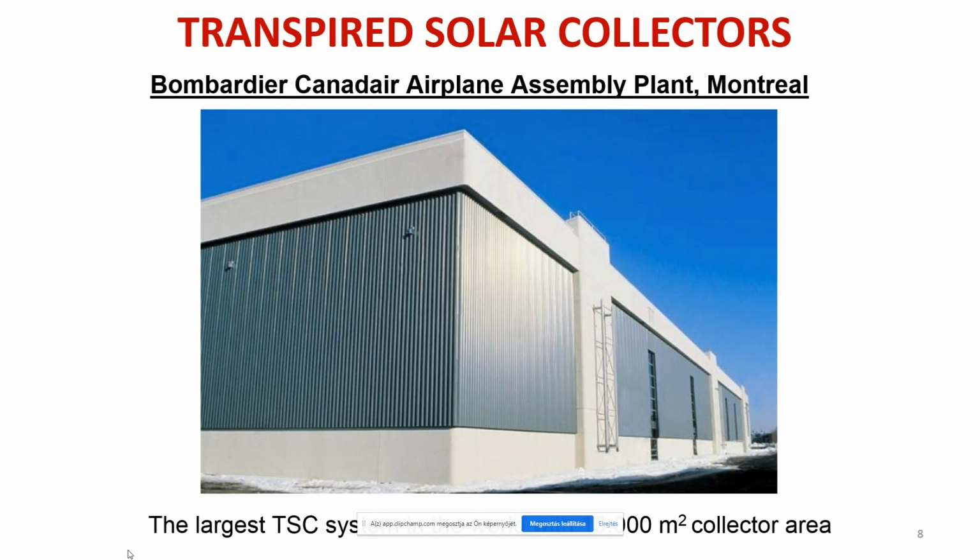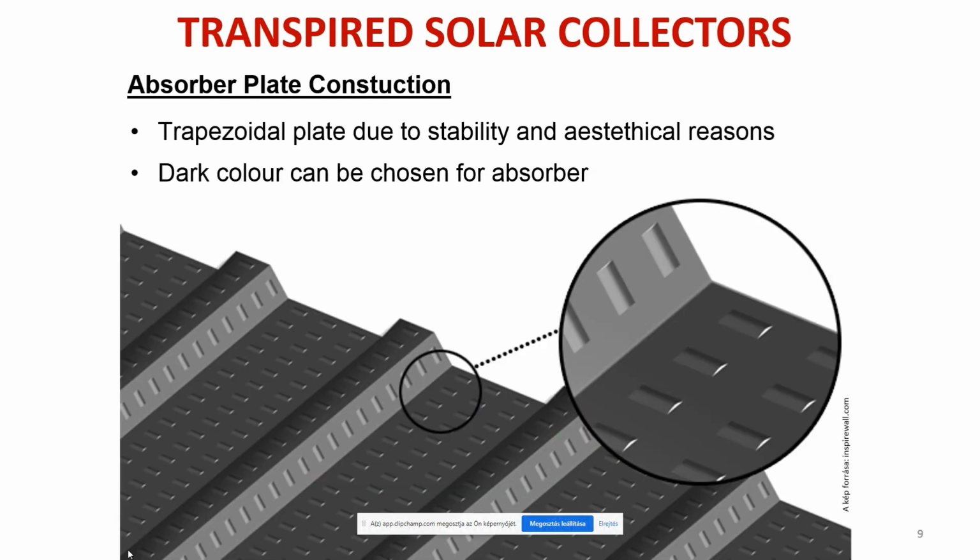In the next slide, I would like to go into the details of its operational principle and the build-up. You can see here the absorber plate, which is a trapezoidal plate. It is trapezoidal and not a flat plate for reasons of stability and aesthetics, and it's perforated all over its surface.